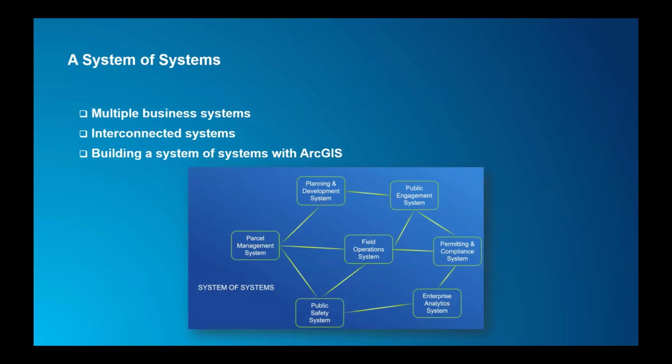There are different things that you may want to do, and all are interconnected, especially if you're in government, having persons in the field and persons editing in the office, and then you'd want to share those resources, those services that you have created within your organization, based on permission levels. And so it is really common to see these organizations investing in these multiple business systems and interconnected systems.